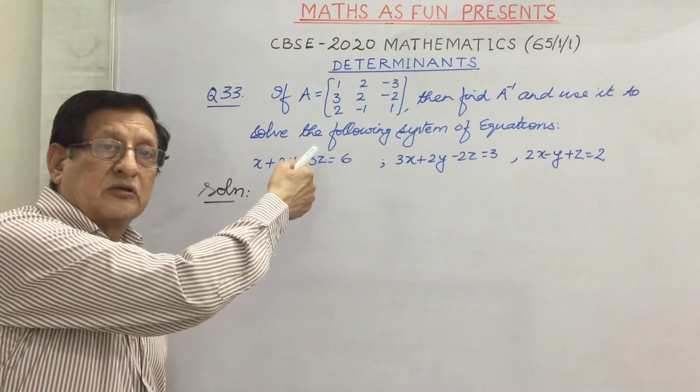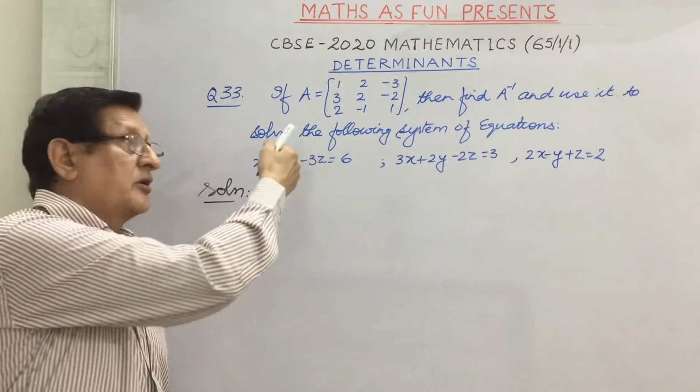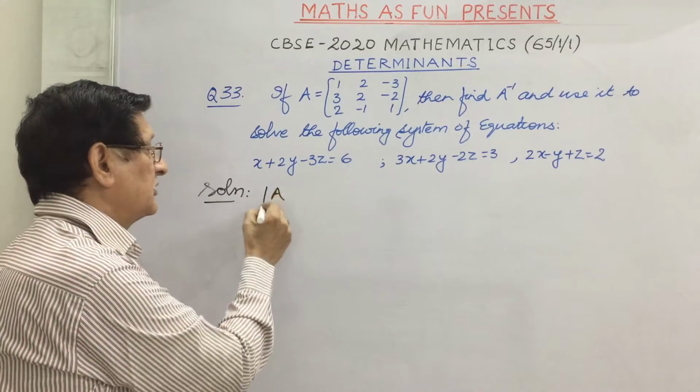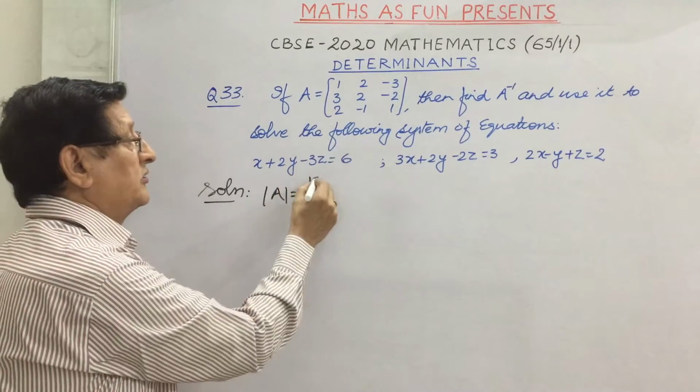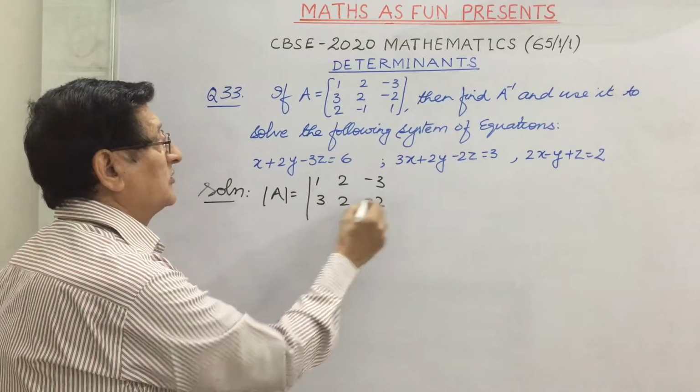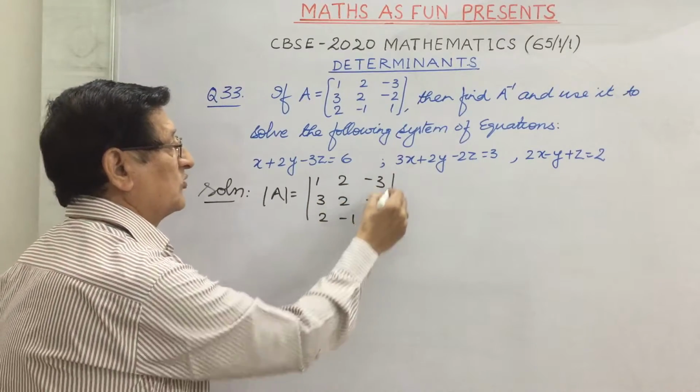we have to find determinant A first to see whether A is invertible or not. And when we find out determinant A here is 1 2 minus 3 3 2 minus 2 2 minus 1 1.